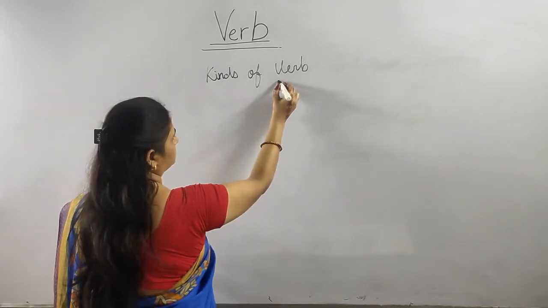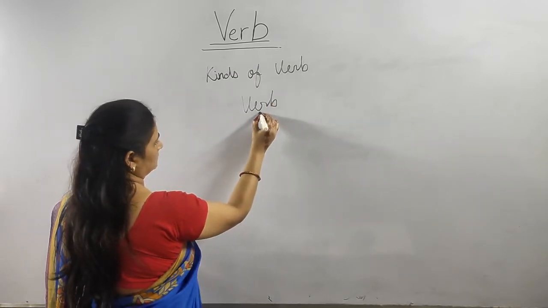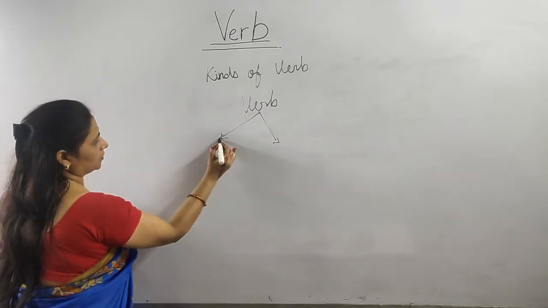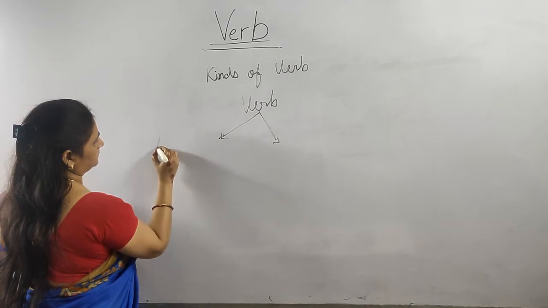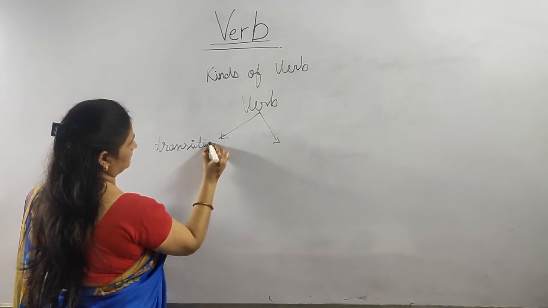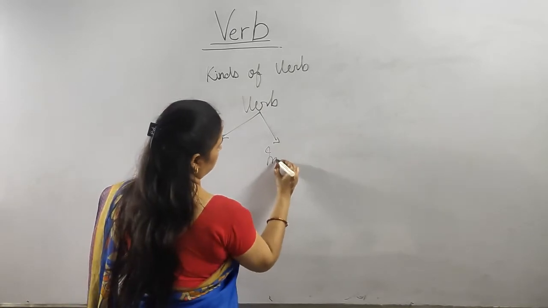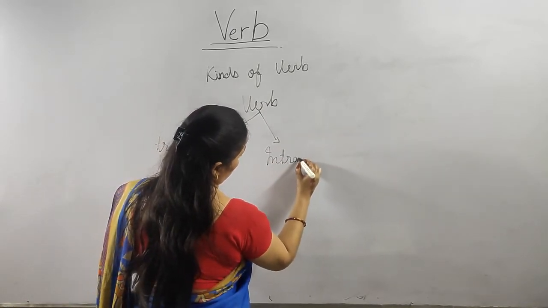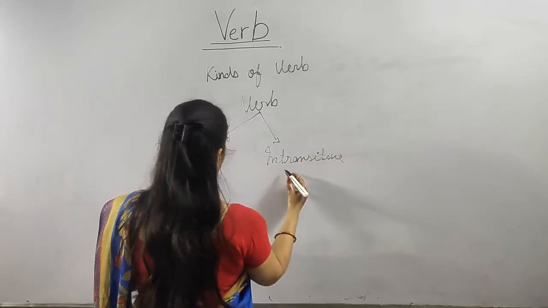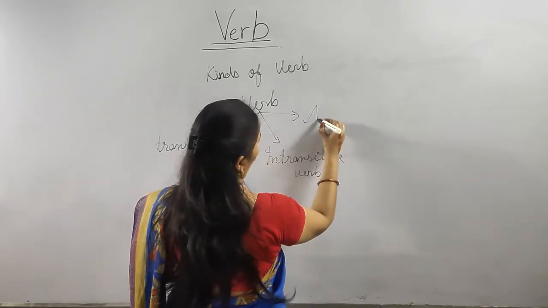Verb can be divided into three parts: transitive verb, intransitive verb, and auxiliary verb.